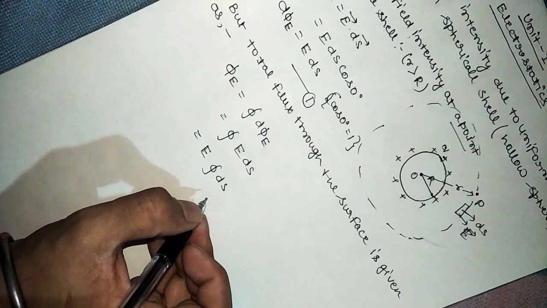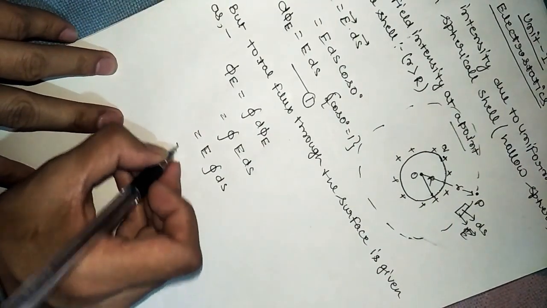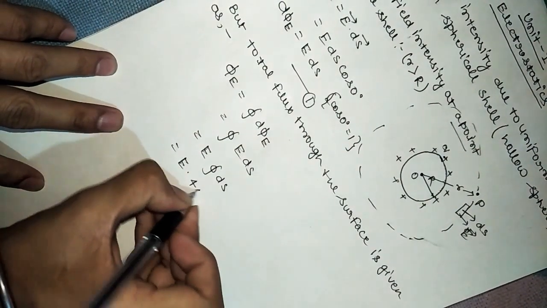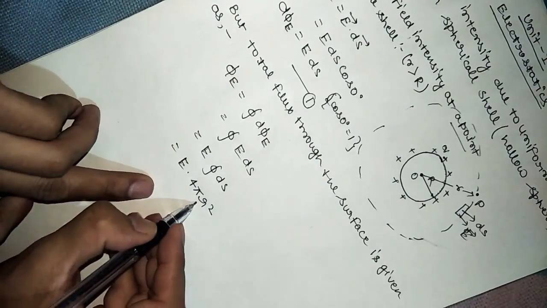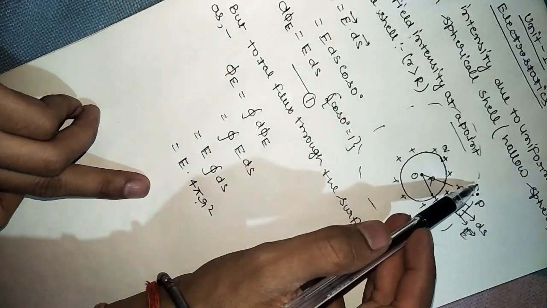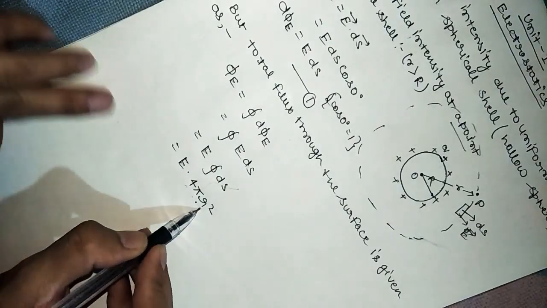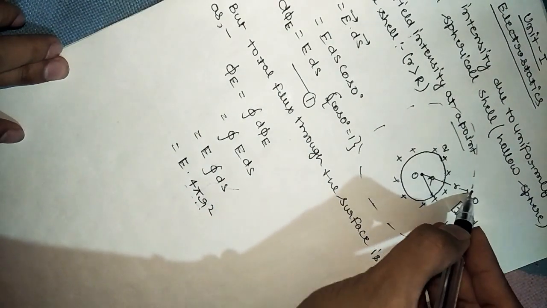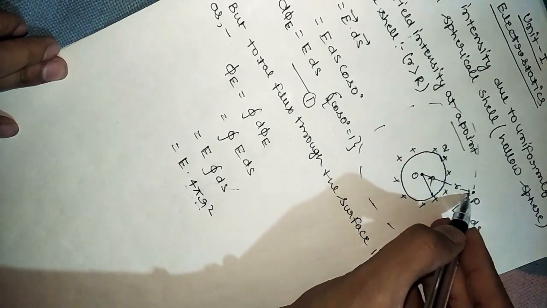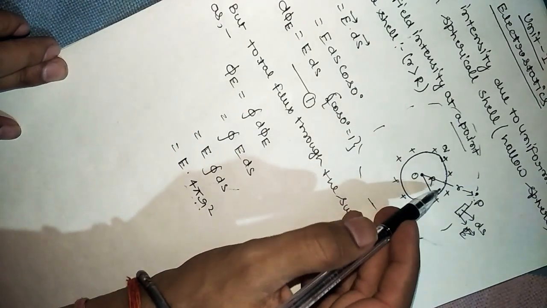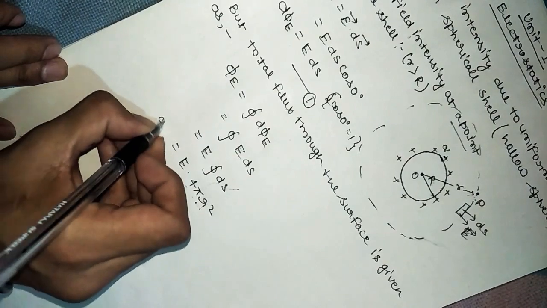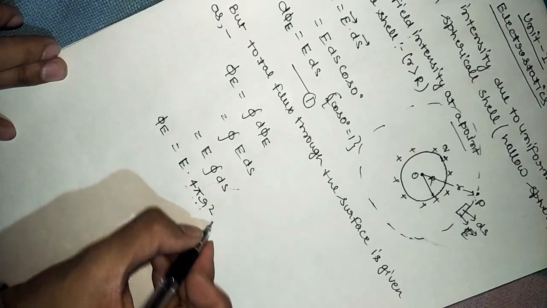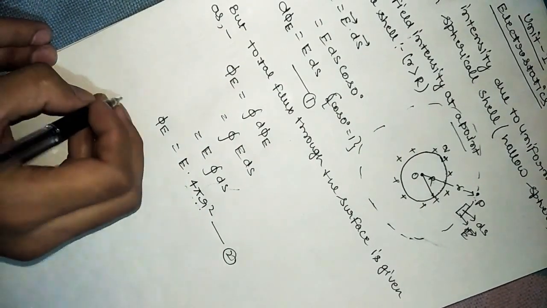What is the surface area of a spherical body? It can be written as 4 pi r square. Remember, the surface area is for the Gaussian surface, because we are just finding the electric field intensity at point P. So phi E is equal to E dot 4 pi r square, equation number 2.